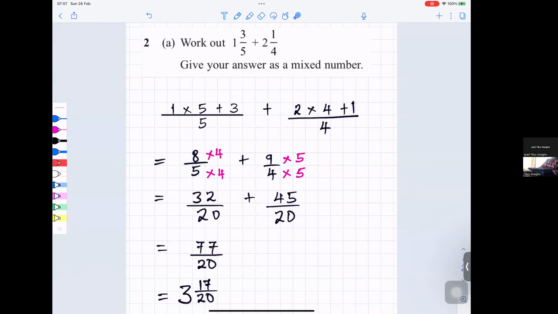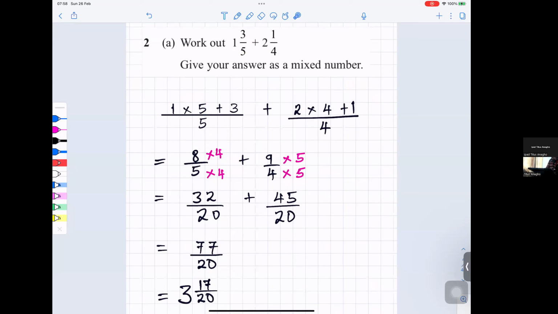Another way to do that question is to change it to improper fractions. So 1 times 5 plus 3 gives you 8 over 5. And 2 times 4 plus 1 gives you 9 over 4.